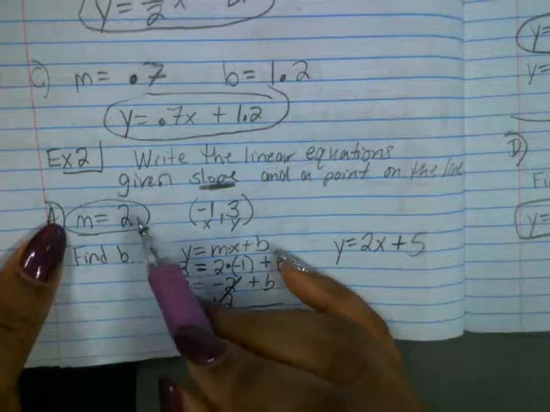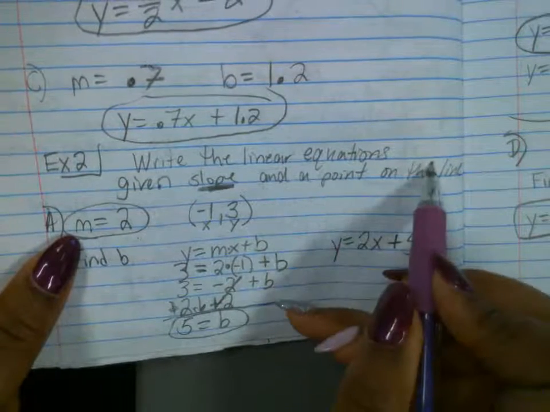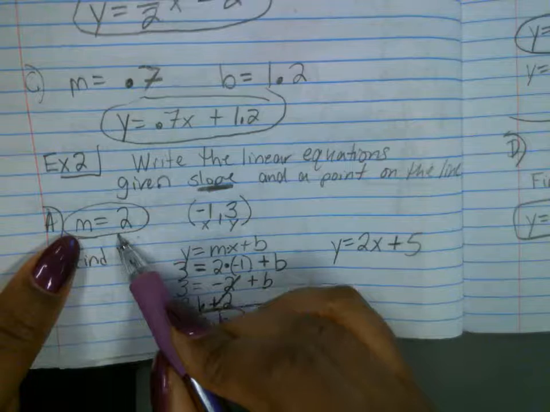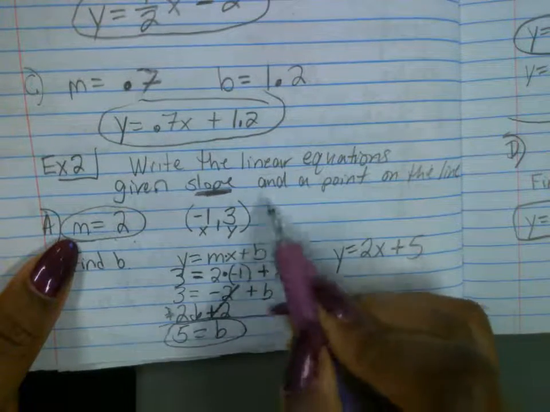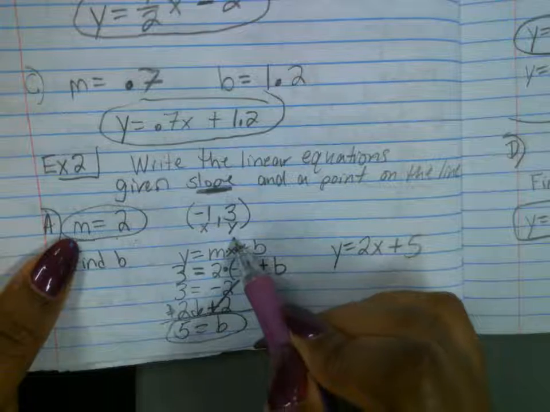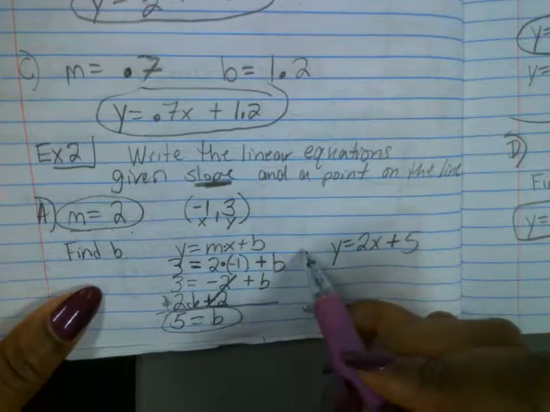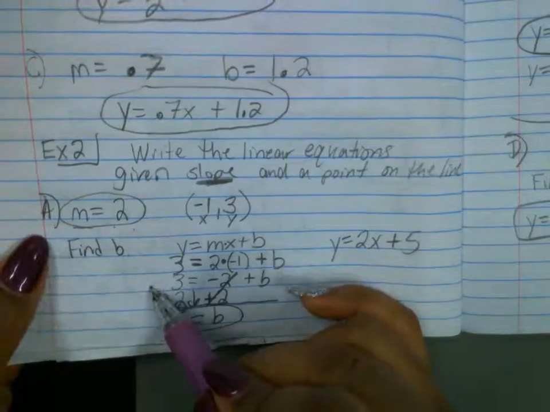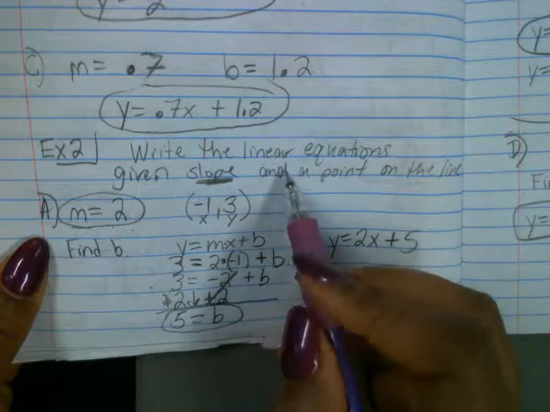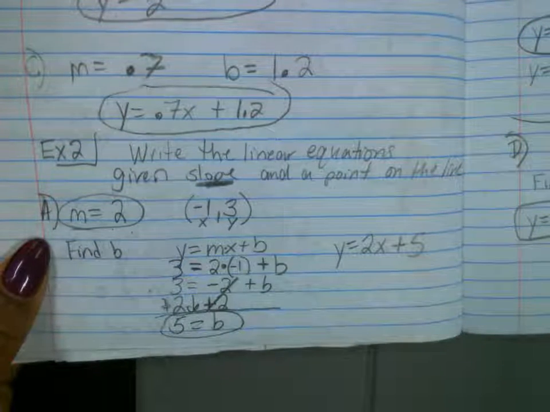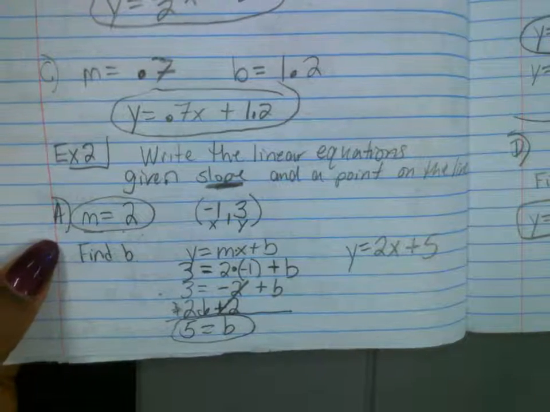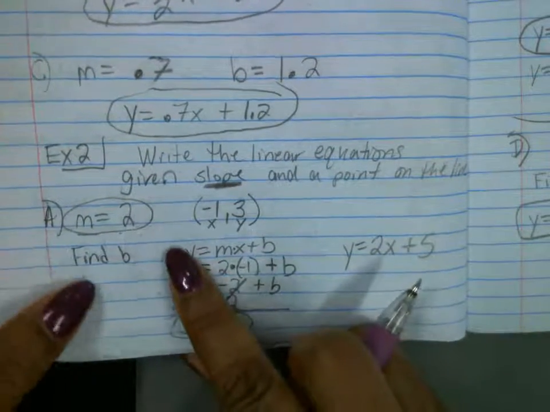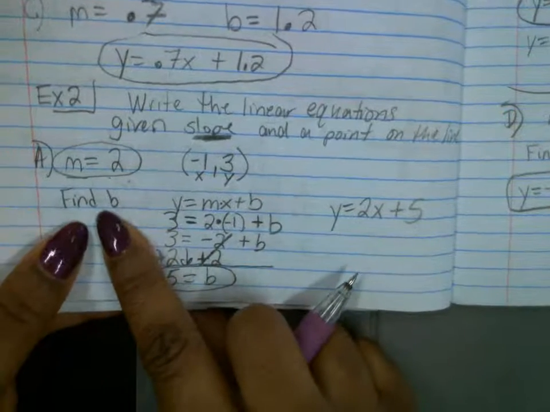They'll tell you, write a linear equation where the slope is 2 and the line goes through whatever point they give you. So when they tell you that, what you have to do is find B. Because the only way to write a linear equation is if you have the slope and you have a y-intercept. Sometimes 0 is the y-intercept, okay? But nonetheless, this is how you find B.